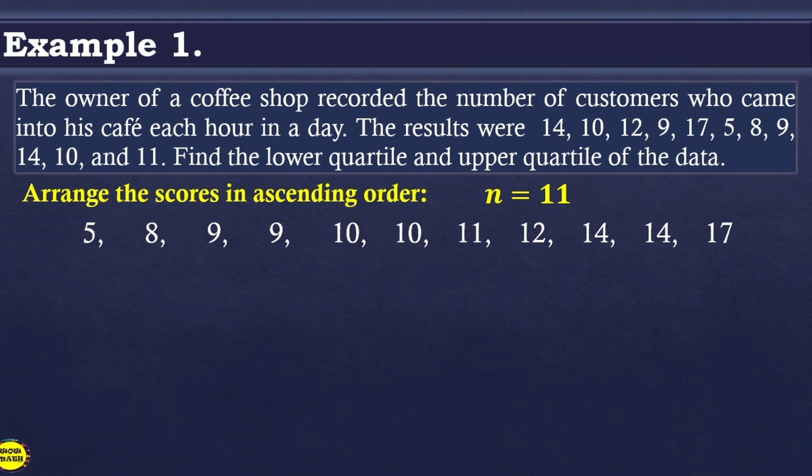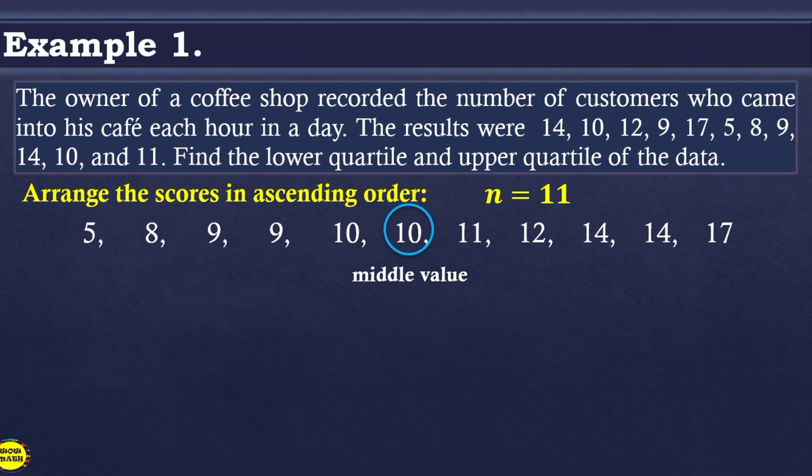Yung pang 6. So 1, 2, 3, 4, 5, 6. Ibig sabihin, yung 10 yung middle value natin. Sabi ko nga kanina, once nakuha natin yung middle value natin, yan na rin yung second quartile natin or yung median natin.